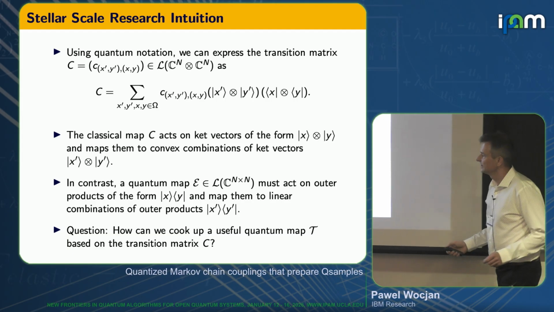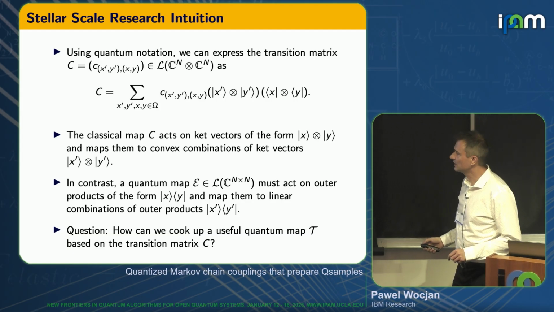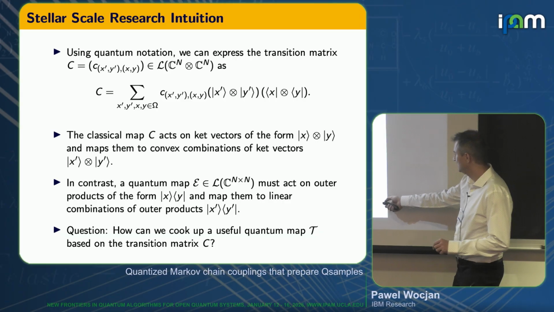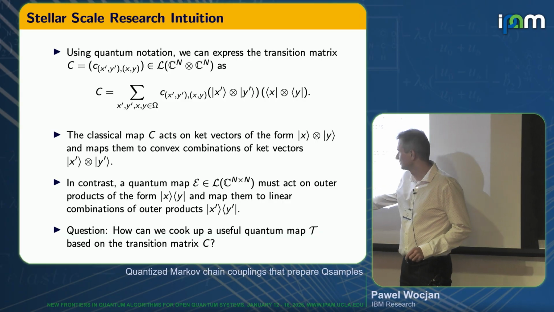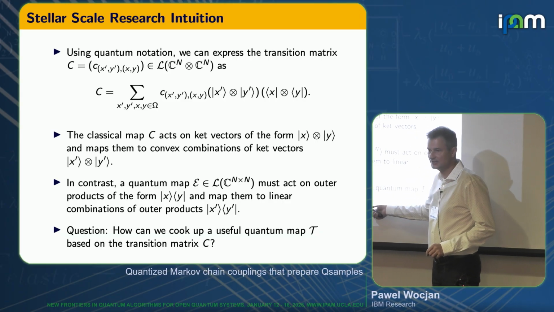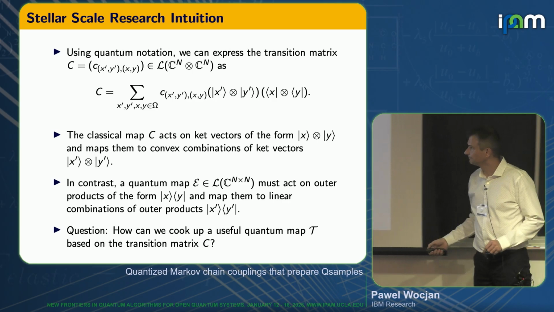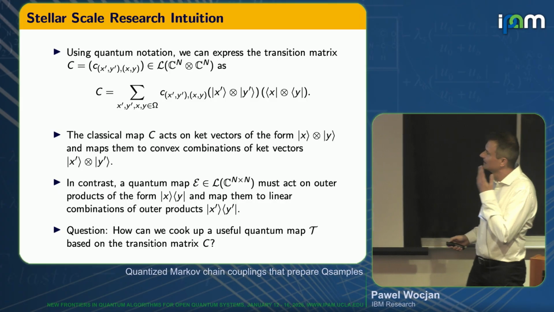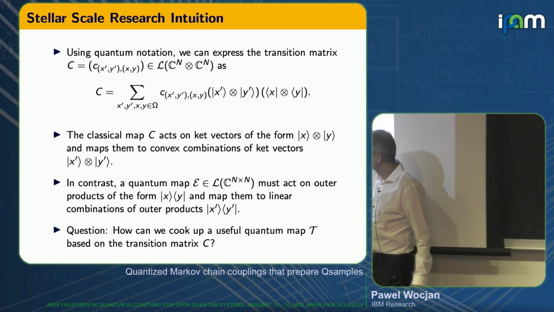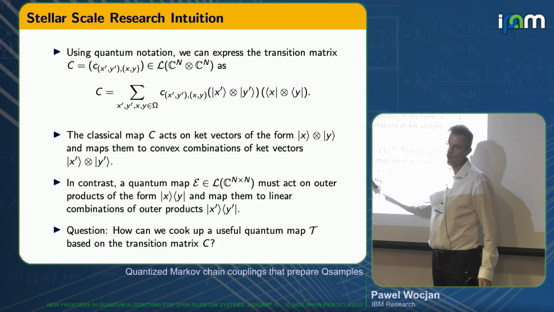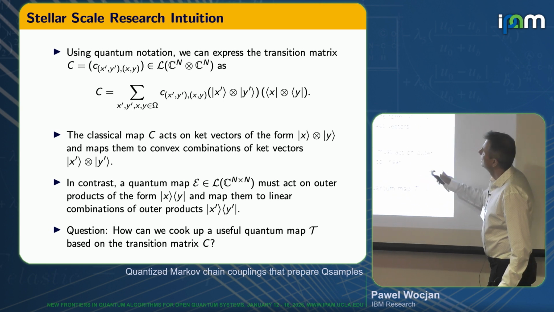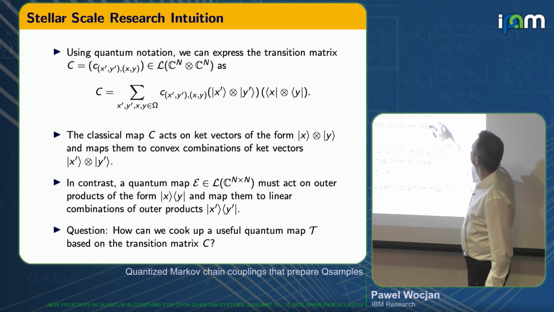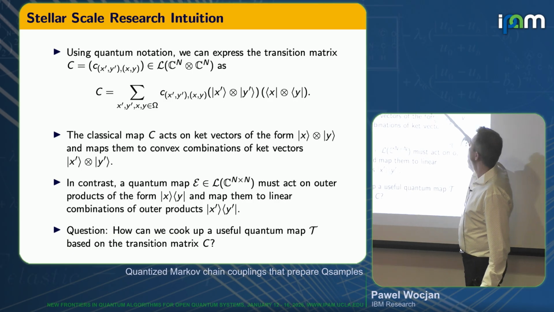And so the question is, how can we cook up a useful quantum map T based on this transition matrix C? But maybe you can appreciate that because here we have outer products, so we have two components, and a transition matrix of a coupling has two components.